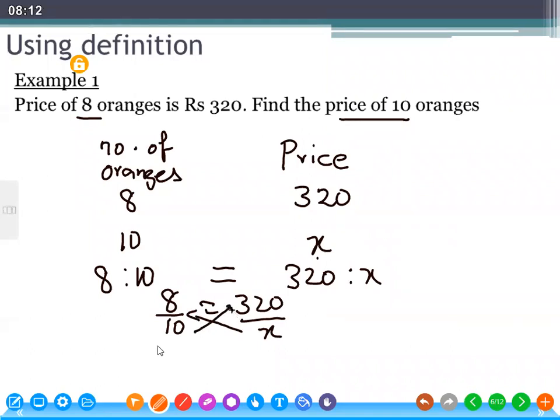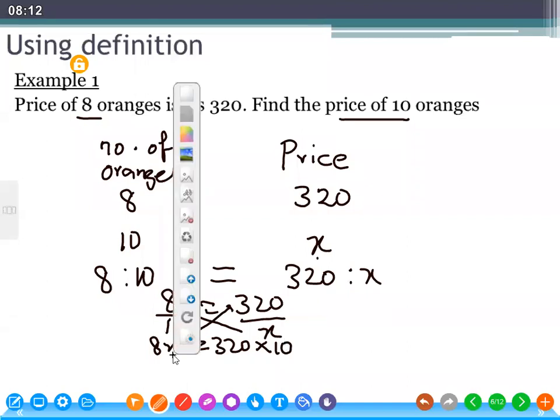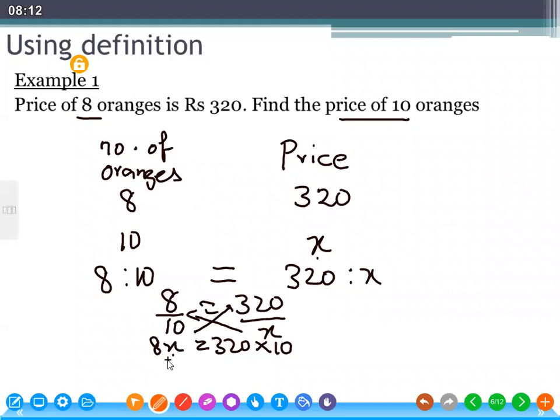That is 8X is equal to 320 into 10. To find the value of X, I have to divide by 8. So therefore X is equal to 320 into 10 divided by 8. You can simplify 320 divided by 8 as 40. Then 40 into 10 is equal to 400 rupees. Therefore, the price of 10 oranges is 400 rupees.